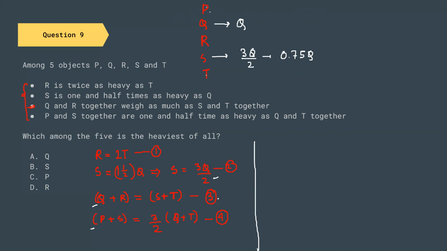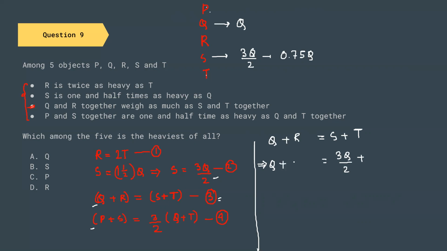So now let us think about this equation. We have Q + R = S + T. Q is Q only, and S is 3Q by 2, and we know that R is equal to 2T.